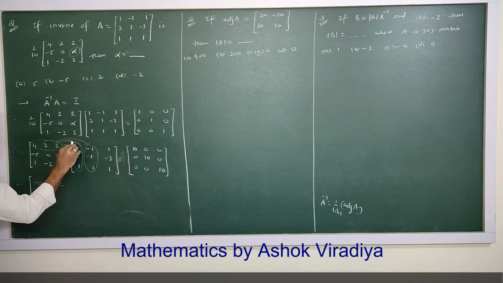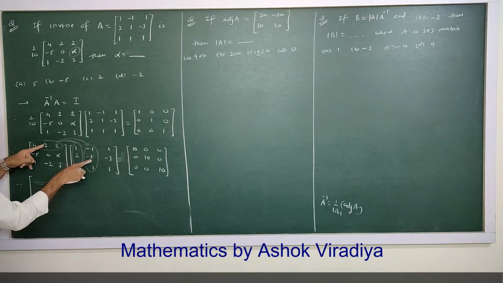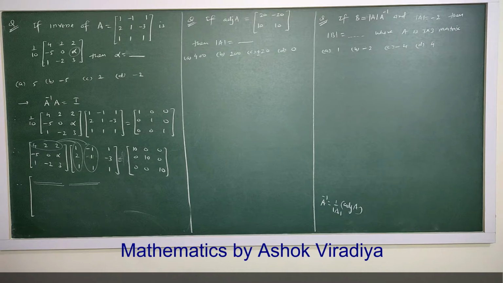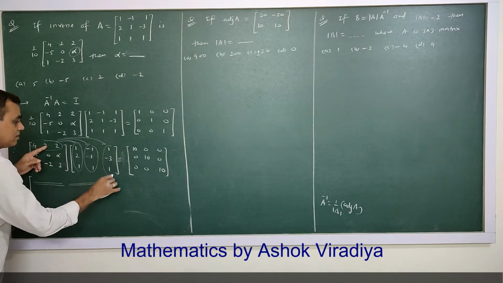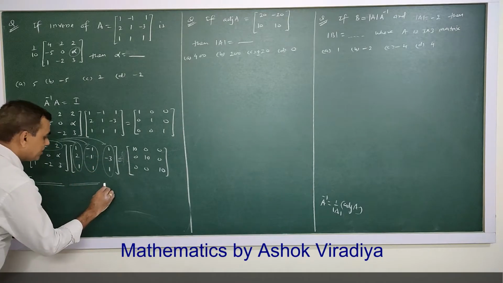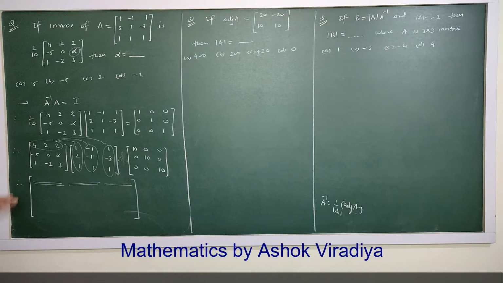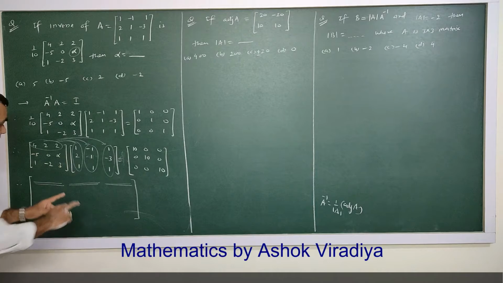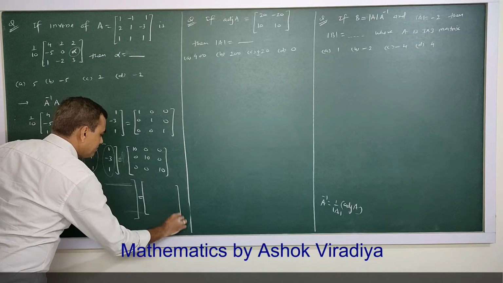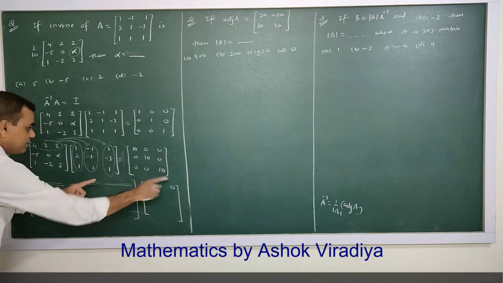Multiplying first row with second column, तो ये दोनों का मल्टीप्लिकेशन प्लस ये दोनों का मल्टीप्लिकेशन प्लस ये दोनों का मल्टीप्लिकेशन, यहाँ भी अल्फा नहीं होगा. Then move on to the next. Here also alpha is not visible. First line we got, no need to write whatever it is. तो दिस इज इक्वल टू 10, 0, 0. This will be 10, this will be 0, this will be 0.